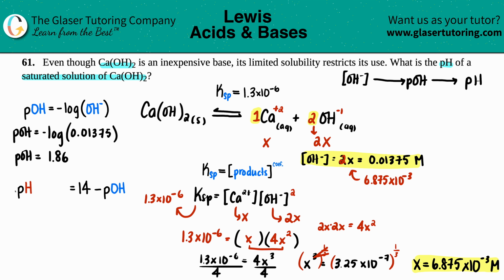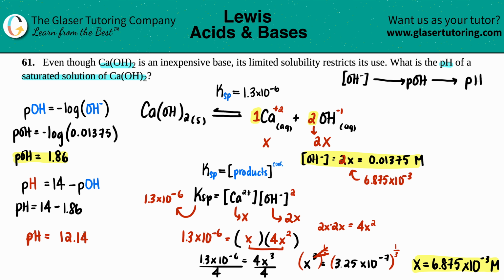And I say to myself, okay, pH has to be equal to 14 minus the pOH. pH is just 14 minus 1.86, right? It's the answer to what we had before. So finally, we get that answer. And pH is 14 minus 1.86. I get a whopping 12.14.